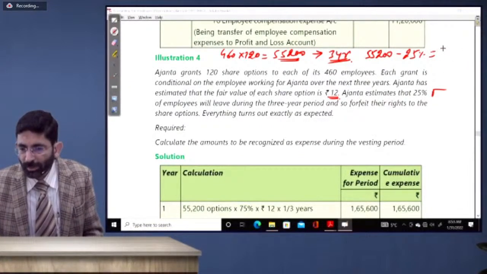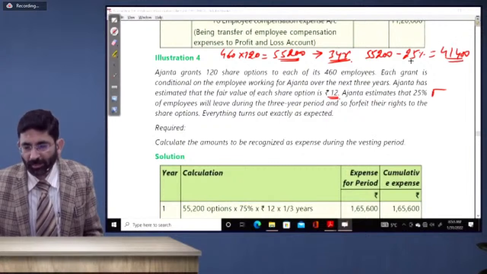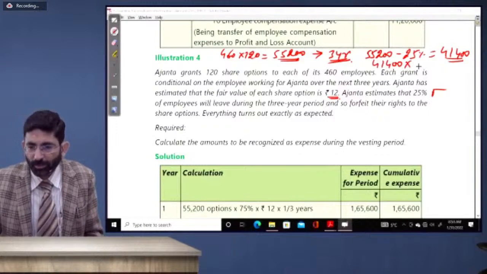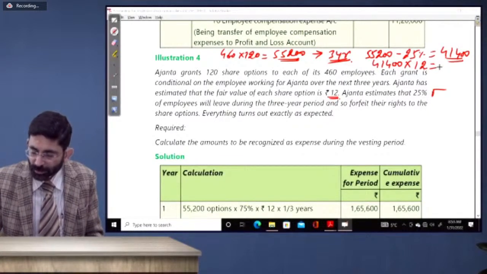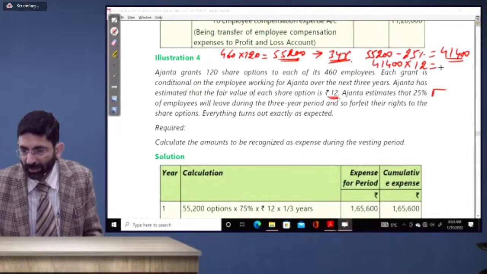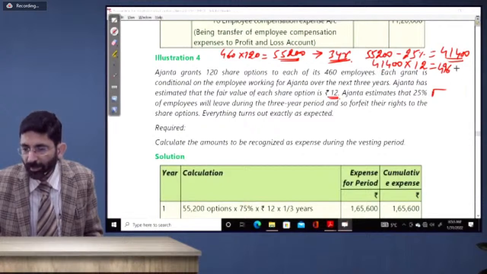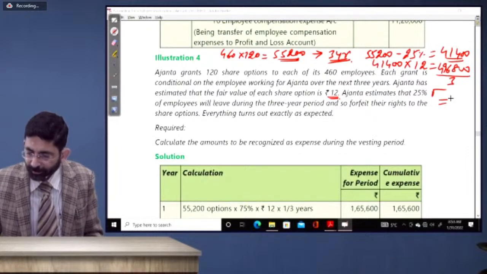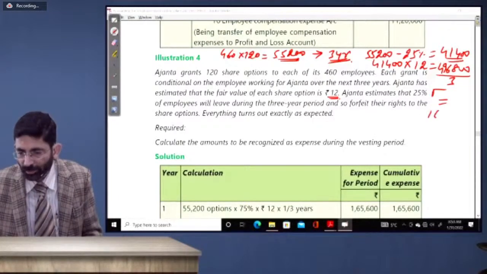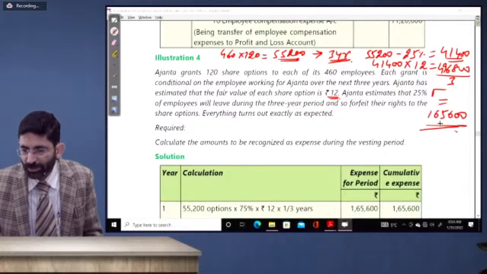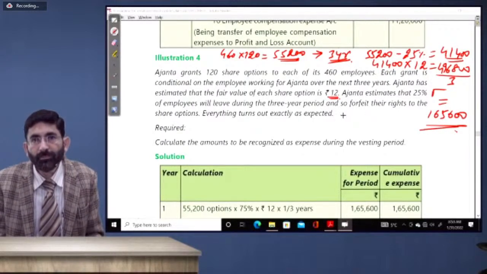We will issue 41,400, that we are expecting. 41,400 at the rate of rupees 12. So the total expected loss is 4,96,800, which is to be written off within 3 years. So divided by 3, 1,65,600. So this is the loss to be borne per year.